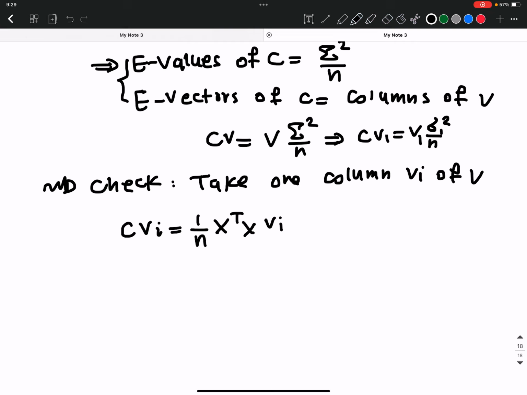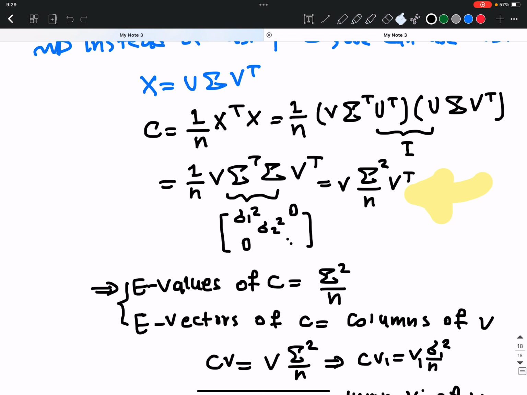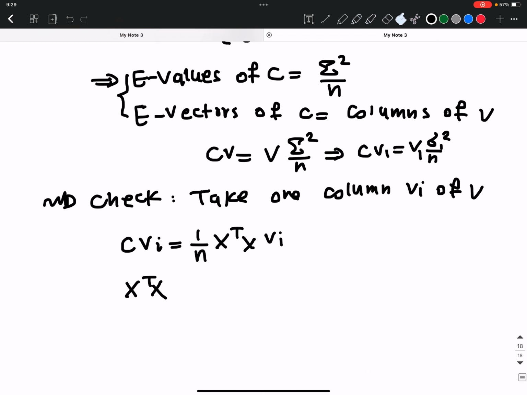What was X^T X? We just showed that. I can show it with the U sigma V^T, right? This was my SVD. So let's write this down.